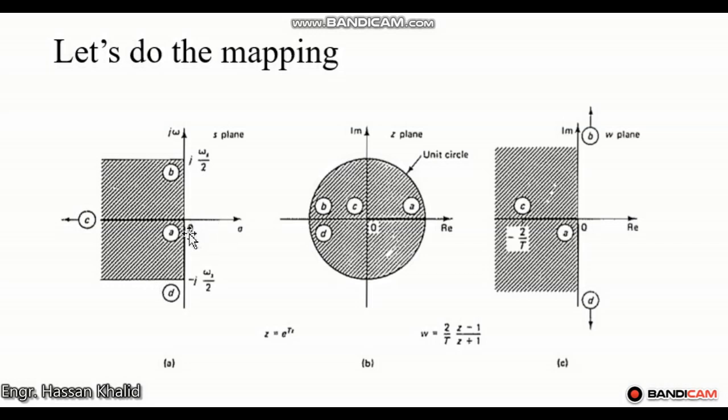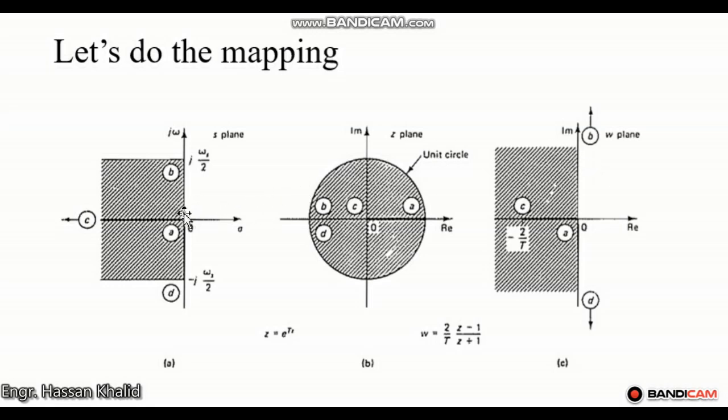Now note that as we move from point 0 to j omega s by 2 on the S plane, that is from point A to B, we actually move from point A to B, that is from 1 to -1 in the Z plane, and in the omega plane we move from point A to B along the imaginary axis, that is from point 0 to plus infinity.